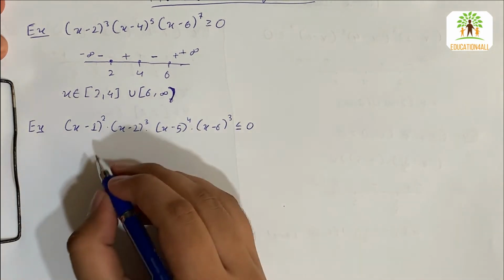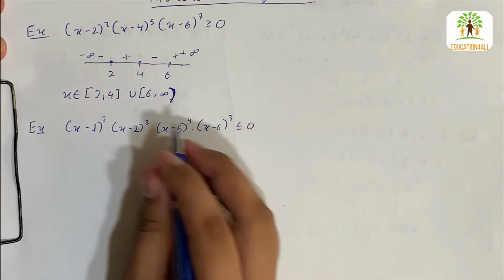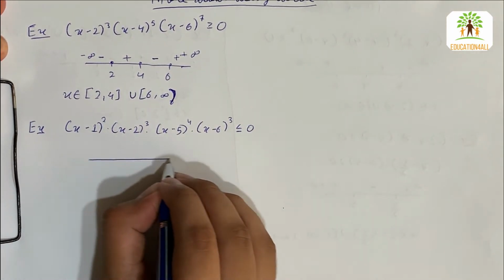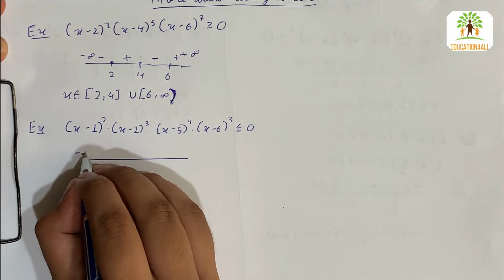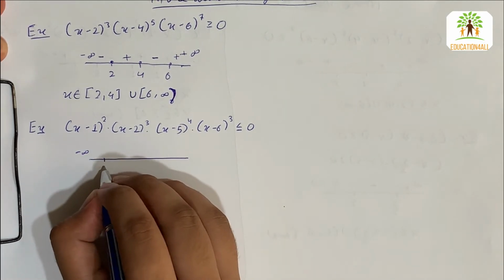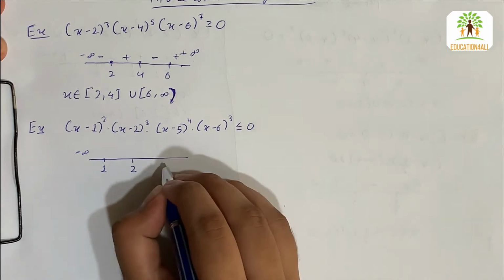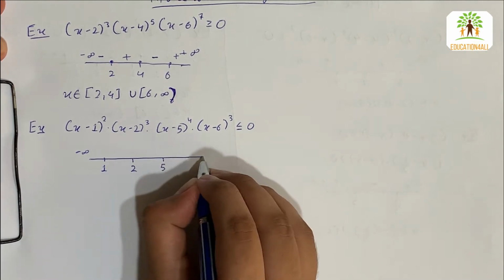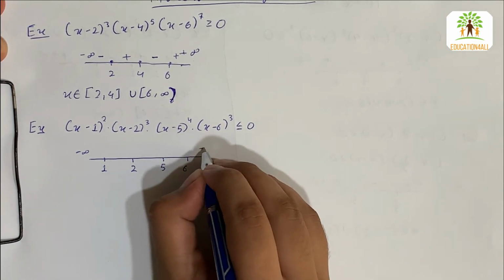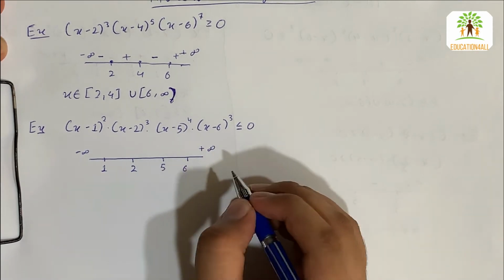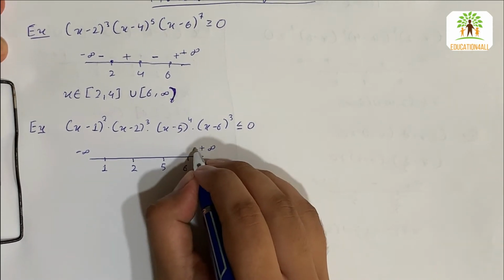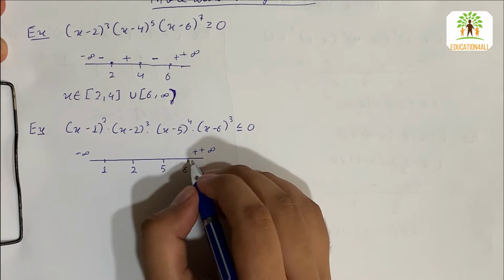Now we will again plot all these critical points on the number line: negative infinity, 1, 2, 5, 6, plus infinity.